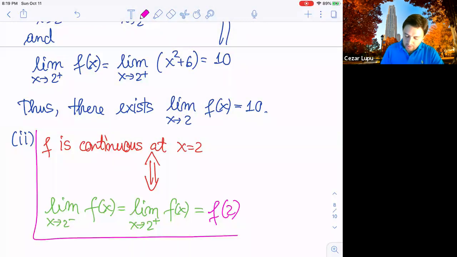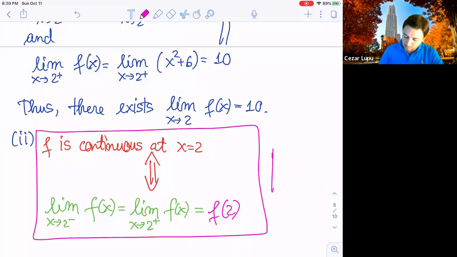So keep in mind that this must happen. If this happens, then I can conclude that my function is continuous at x equals 2.